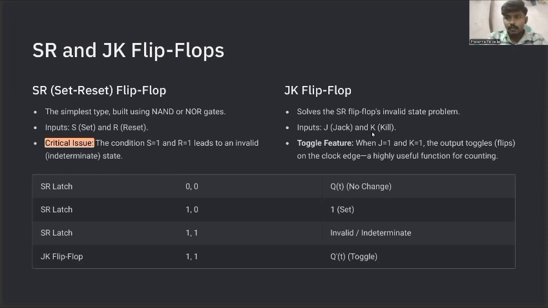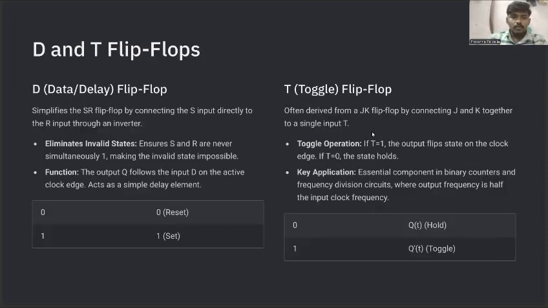Okay, here is the information about the SR and the JK flip-flops. Next, we can move to D and T flip-flop. D flip-flop means data or delay flip-flop. T flip-flop means toggle flip-flop.